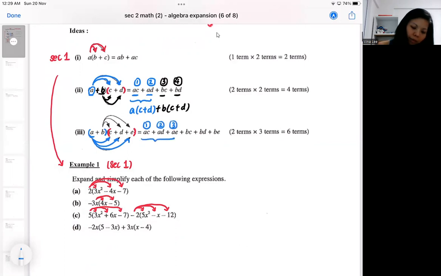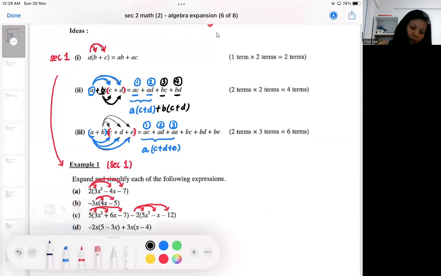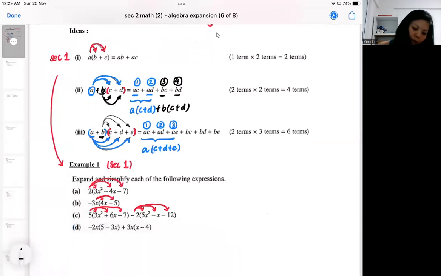Then you change to the other guy and multiply to the same bracket; this part is the second guy multiplied to the bracket.